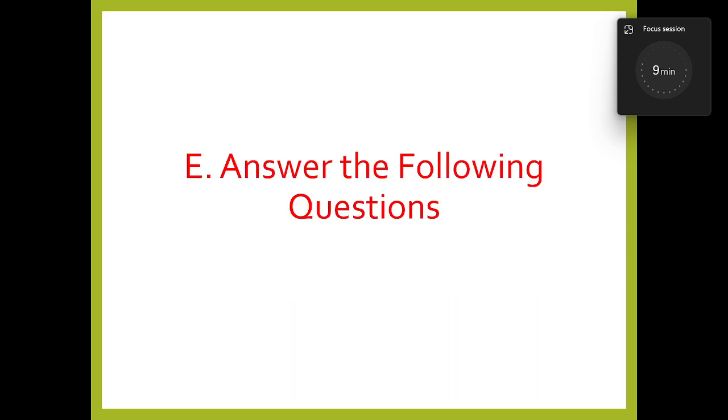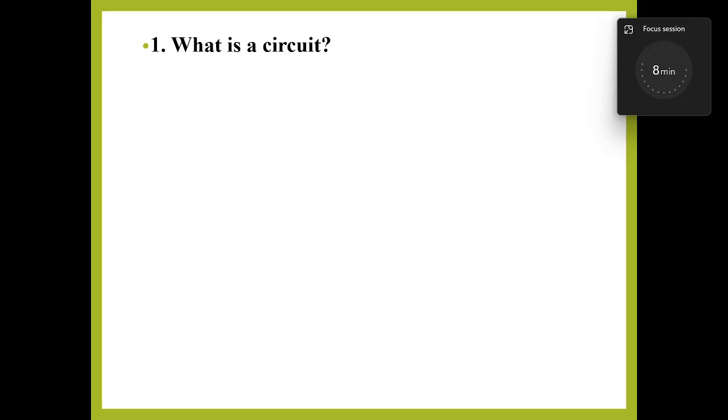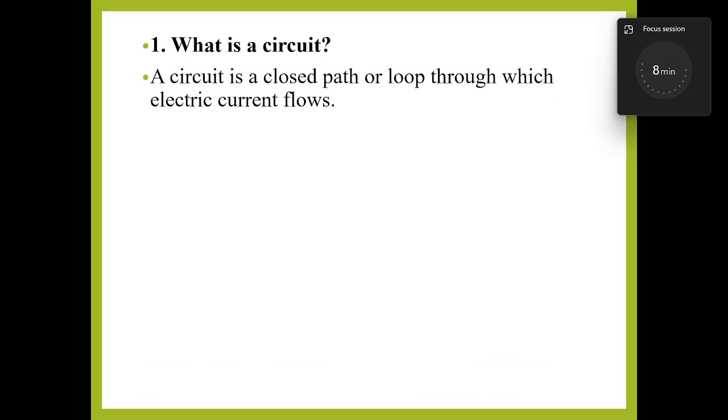Next, the last bit, answer the following questions. So you will be having one sentence or two sentence questions that we need to answer. So the first question goes here. What is a circuit? Not in the definition that we have already understood by designing it in the Tinkercad. A circuit is a closed path. This is a must. A circuit which is not closed or somewhere it is open, it is not called a circuit.